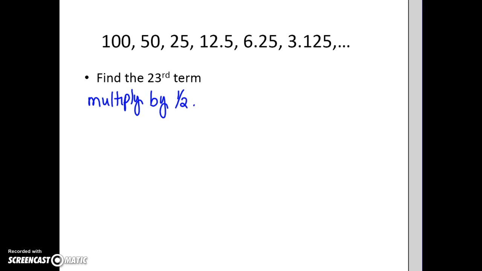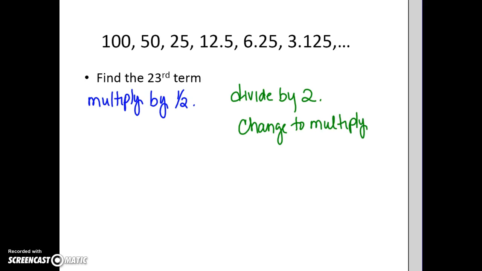If you recognize this problem is division, and you are saying that they divide by 2, then you have an extra step. The extra step is to change it to multiplication and use the reciprocal of the 2.